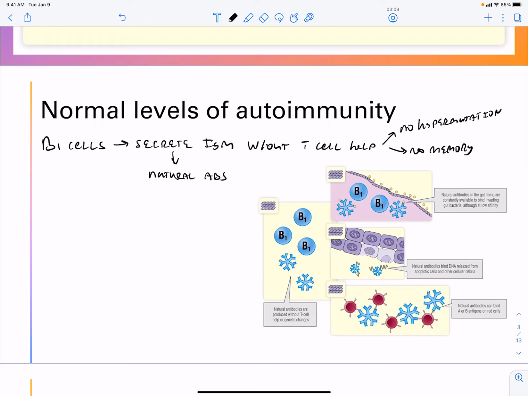Therefore, these are going to have low affinity, and they're going to be able to activate complement.